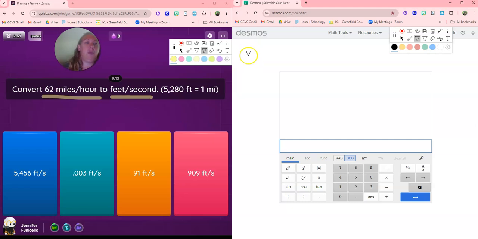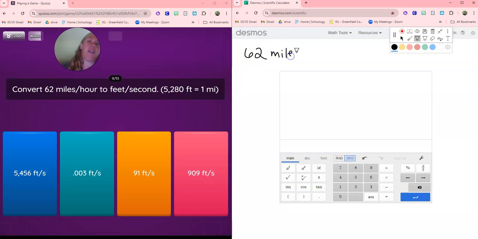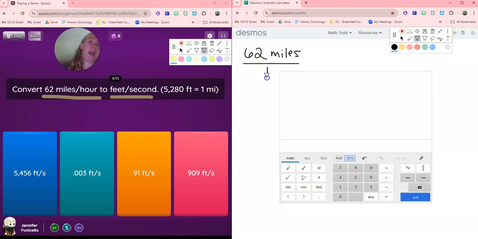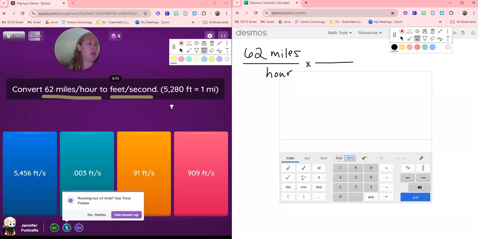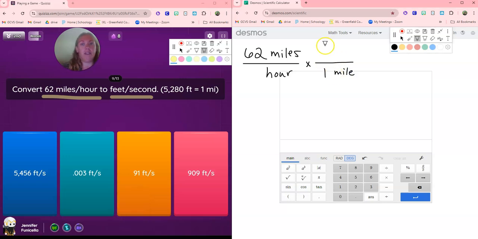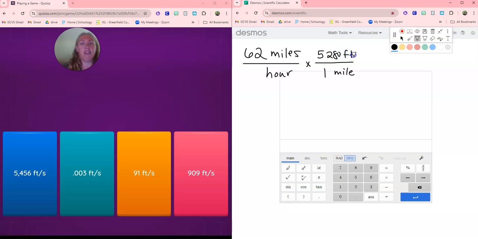So we're starting with 62 miles per hour, hours is on the denominator. First thing we're going to do is we know that we can go to feet because 1 mile is 5,280 feet.